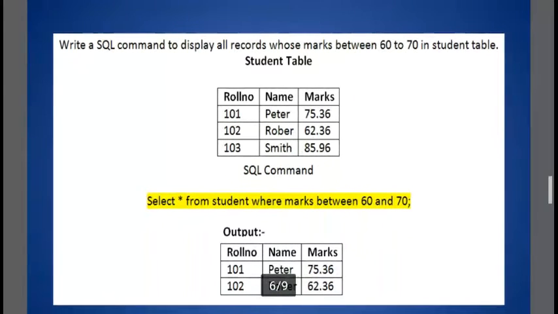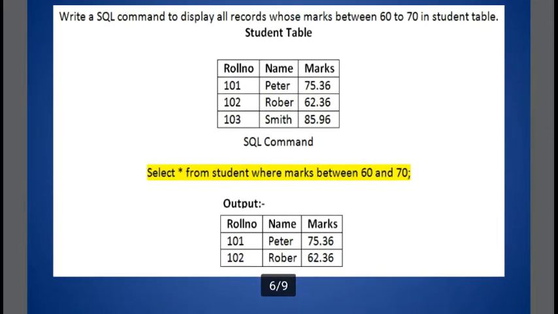Now the next command: I want to see the data in a range. Write a SQL command to display all the records whose marks are between 60 and 70 in the student table. The highlighted thing is our answer. In our exam we can write the highlighted answer. SELECT star FROM student, and here I want to see selected rows, so we use WHERE, but on which column?